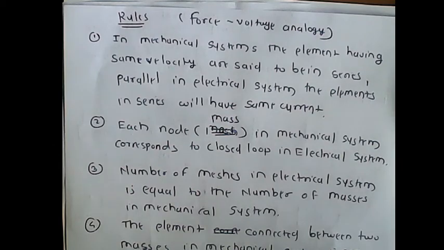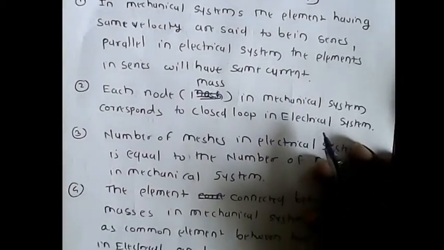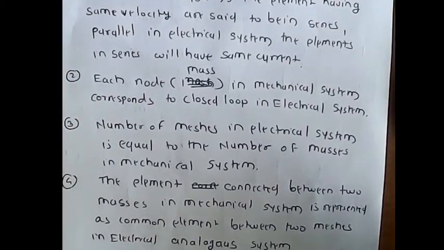So whenever a force is applied, the elements present in the mechanical system are said to be at the same velocity. When converted into an electrical system, the current flowing through them is the same, and those elements have the same current. Then the number of meshes or nodes is equivalent to the closed loops in the electrical system.